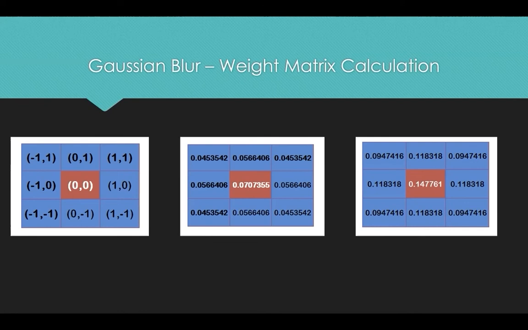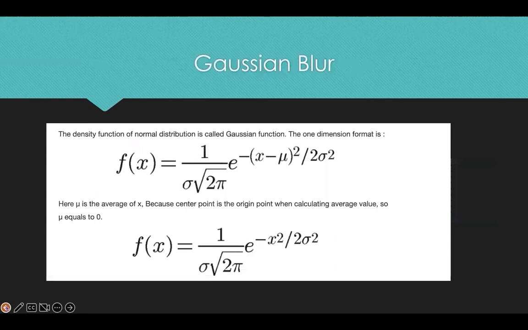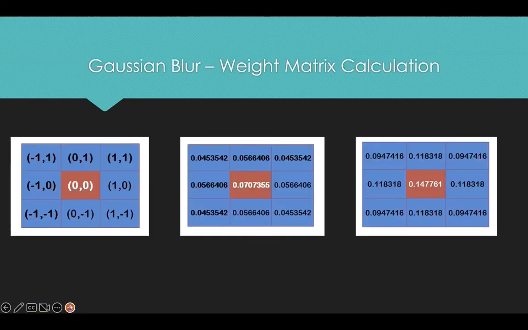Moving on to the second image. Now, to calculate the weight matrix, we need to set the value of sigma to 1.5 in this expression. Once we set the value of sigma to 1.5, then the weight matrix is transformed as seen in image number 2.